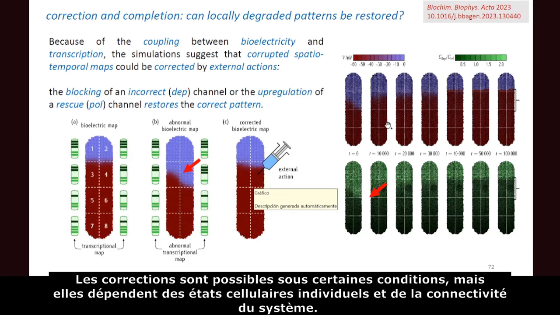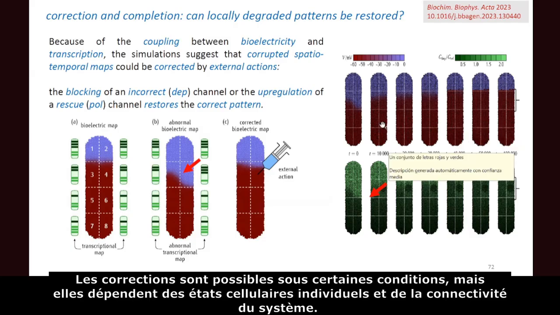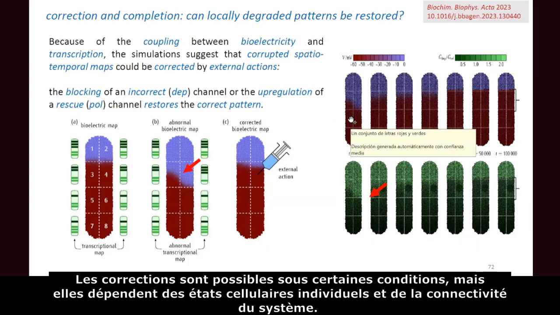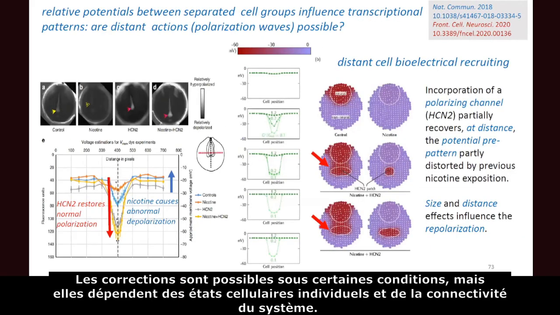And we indeed find that corrections of degraded patterns are possible under certain conditions, but again, context-sensitive phenomena arise, and sometimes corrections are possible and other times they are not, depending on the single cell states and, importantly, on the system connectivity which we have assumed.